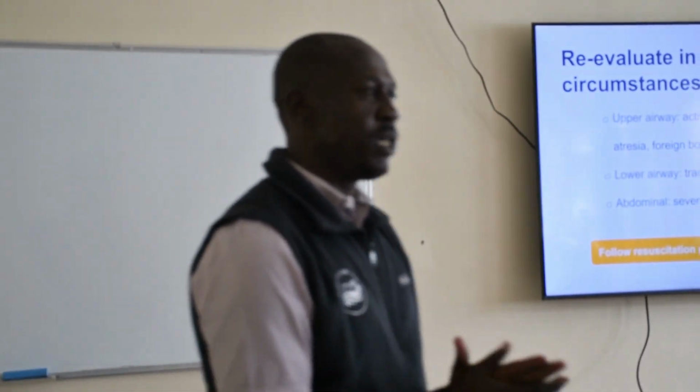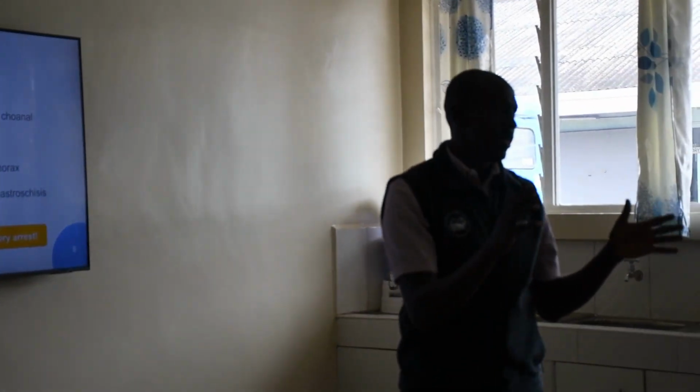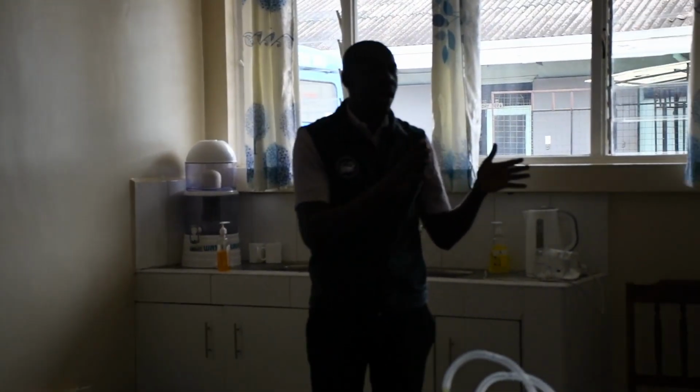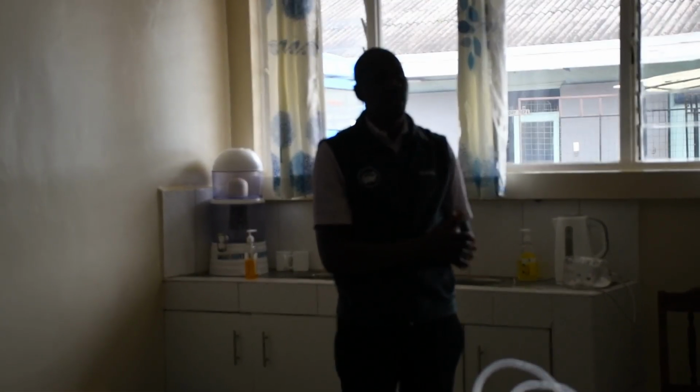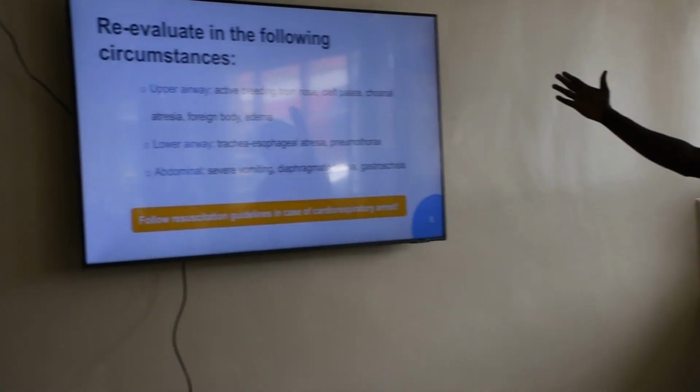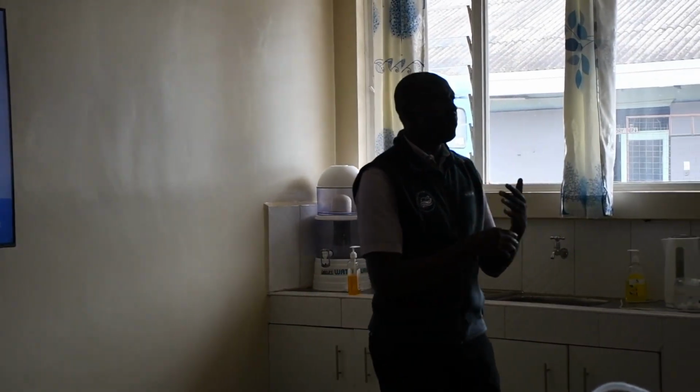So this is a situation when you have to weigh the risks and the benefits for using CPAP. When you get conditions like this, you have to evaluate the baby. Pause and re-evaluate.